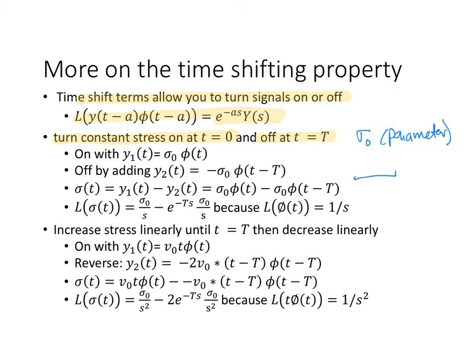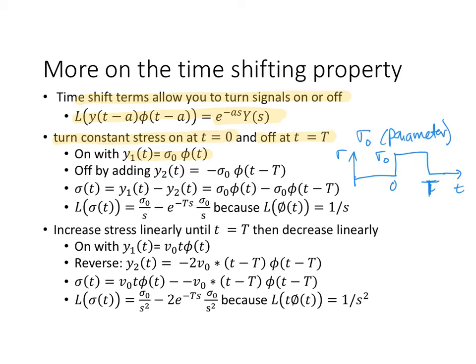And so that means that we've done this at 0, at t naught. This is this, and then we go up to sigma naught. And this is in a stress time axis. So we just turn the signal on and off. Excuse me, that should be a t, not a tau. So we turn it on with y1 of t equal to sigma naught times the step function. That just says we step up.